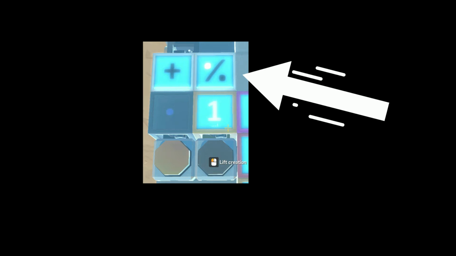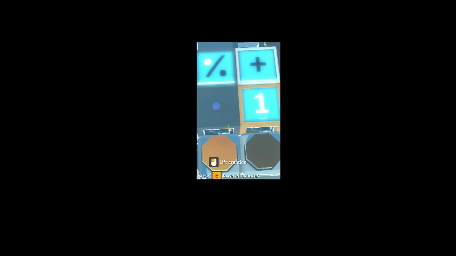So what you see on the screen right now, this is the averaging circuit for the left side, and both of the sensors feed into the plus block, so that adds their value. And then it goes to the dividing block. And right now it's divided by 1 because I found out that that works better than dividing by 2 actually. So there's the averaging for the left side, and then this is the averaging for the right side. It's the exact same thing, it's just flipped to make it look better.